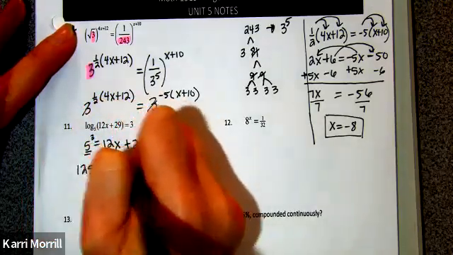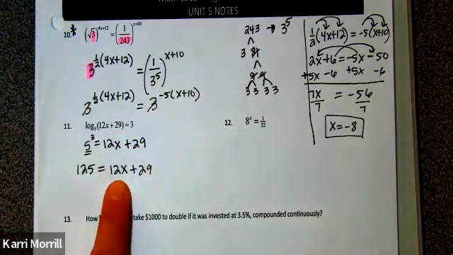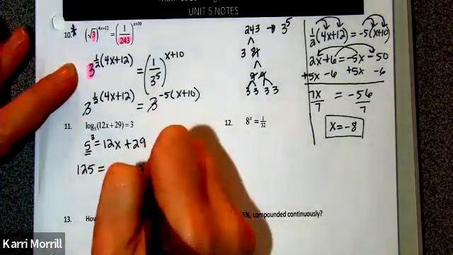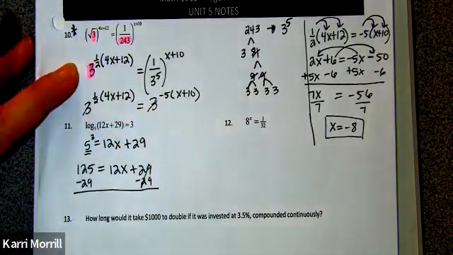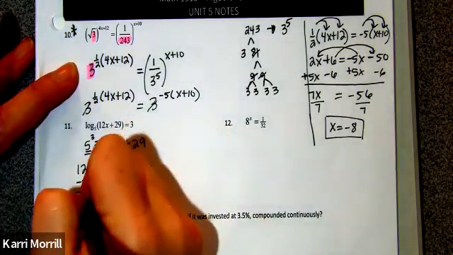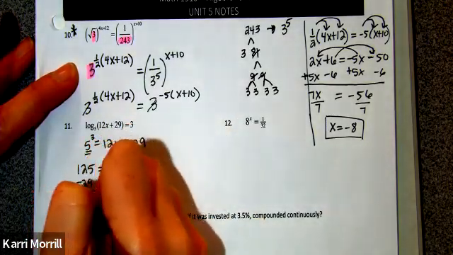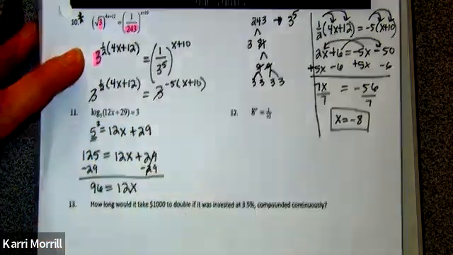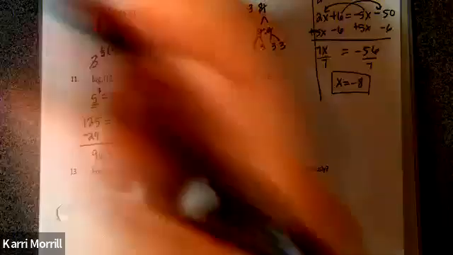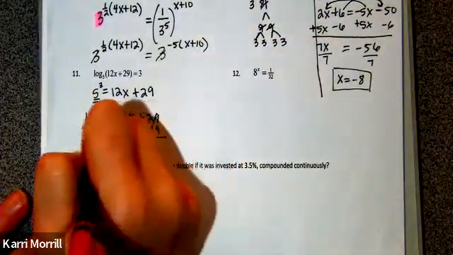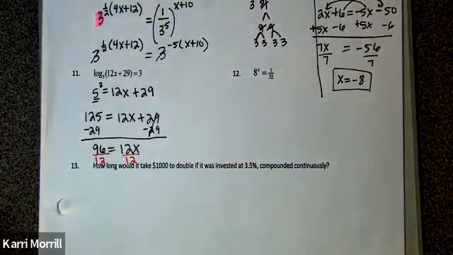And since the term that has x is right here, I would start by subtracting 29 from that first. So that would be 96 equals 12x. And then divide by 12. So x equals 8.